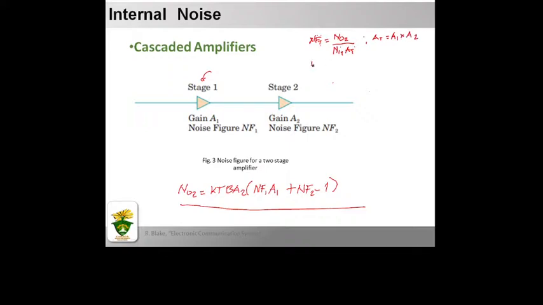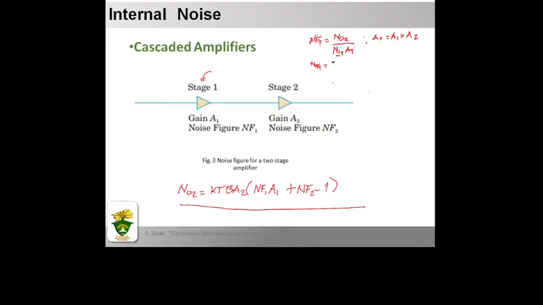So to derive the total noise figure, substitute the values of No2, the output noise of the second stage, and substitute the value of Ni1.